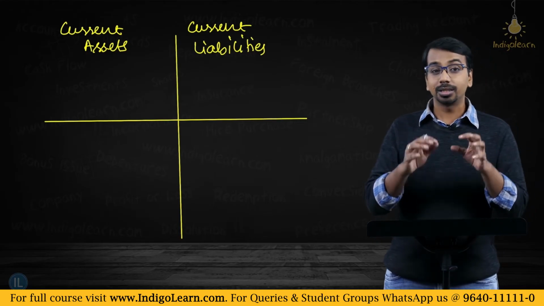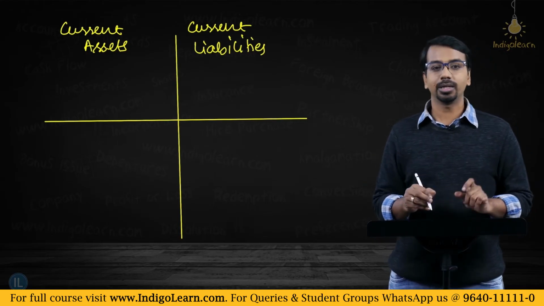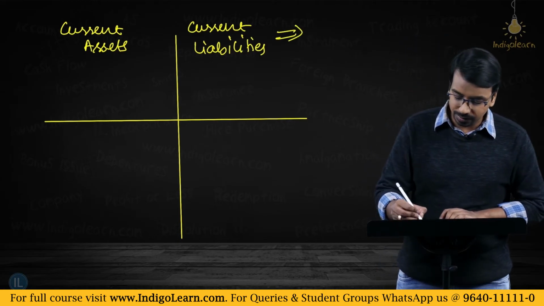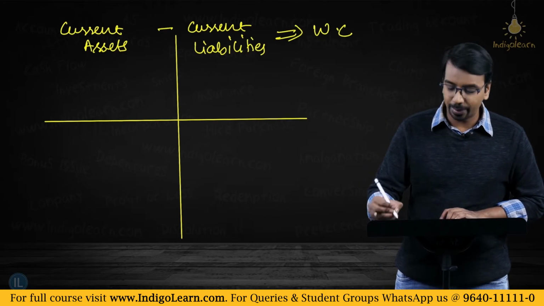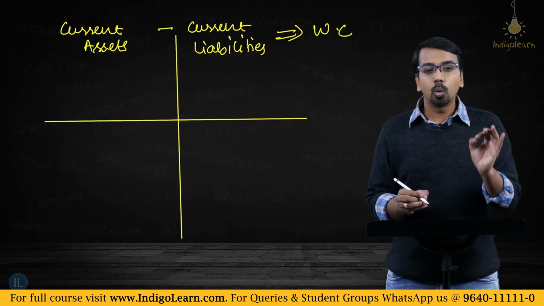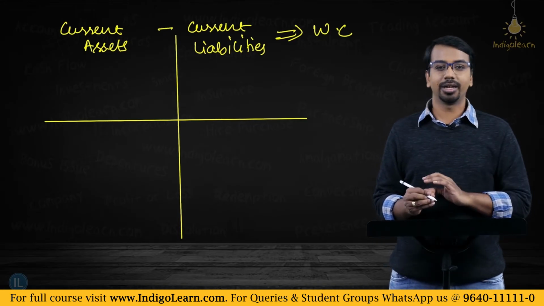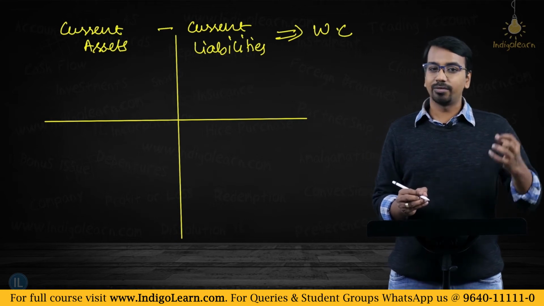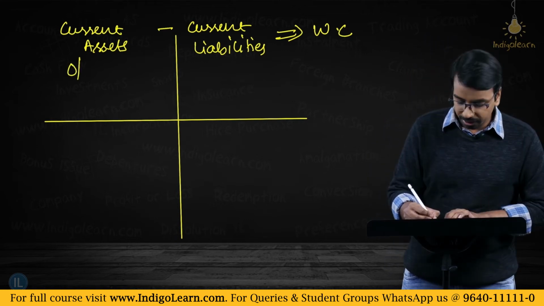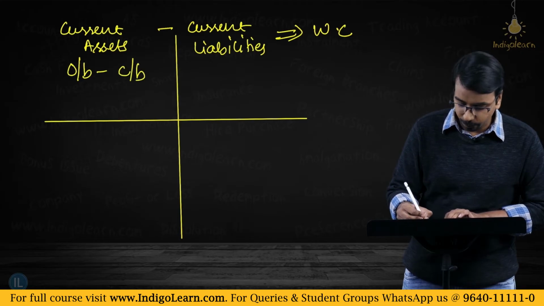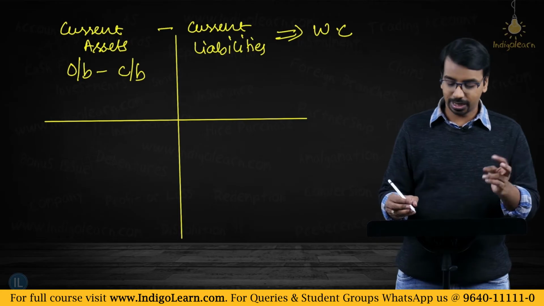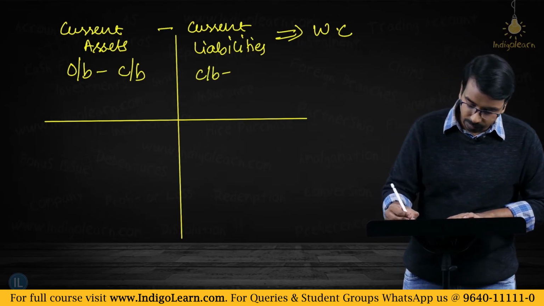One of those changes is the changes in current assets and current liabilities, and we know current assets minus current liabilities gives us working capital. So we are talking about working capital changes. Now whenever you have to adjust these working capital changes, for example when we said inventory, you consider opening balance minus closing balance. For current liabilities, just do the reverse, that is closing balance minus opening balance.